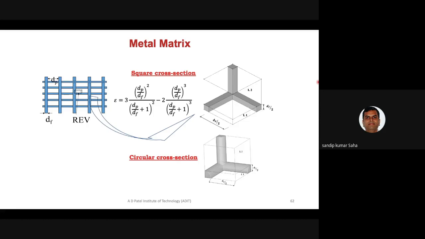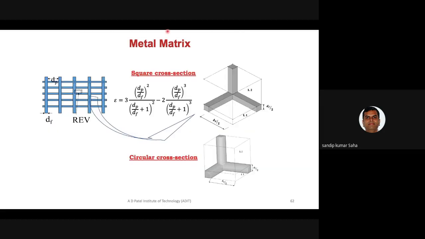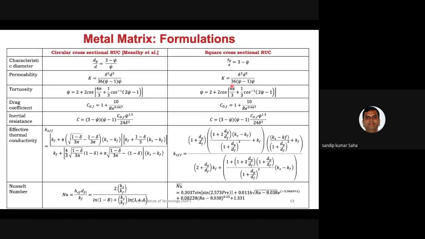So you have to find the permeability expression for metal foam. I can use this metal matrix in circular form or in square form. Accordingly my source term variation will be there, so my source term expression will be different, which I have to put in my model.